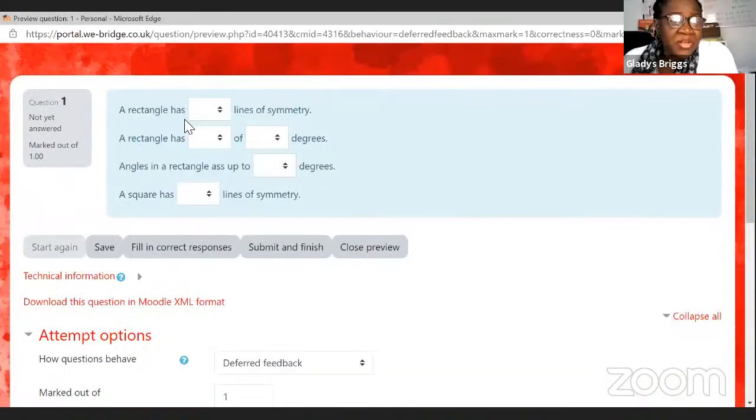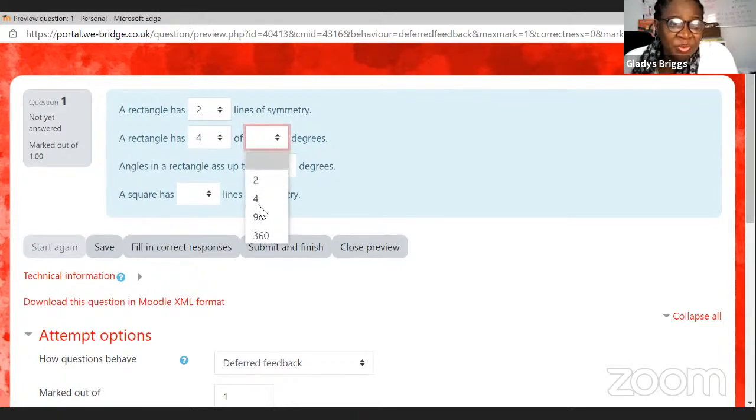It's the same kind of question. A rectangle has two lines of symmetry. A rectangle has four angles of 90 degrees.